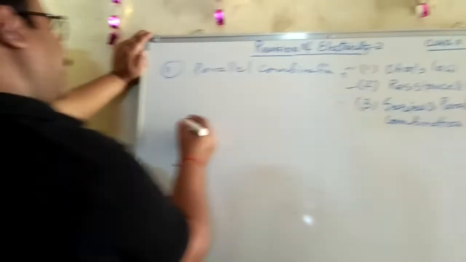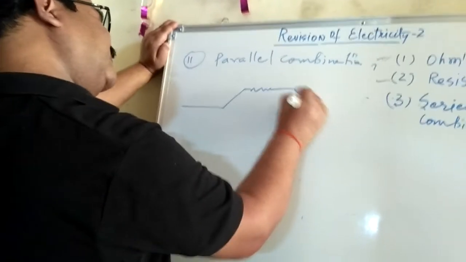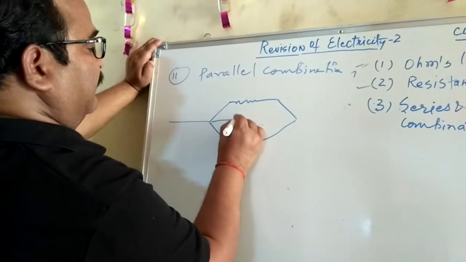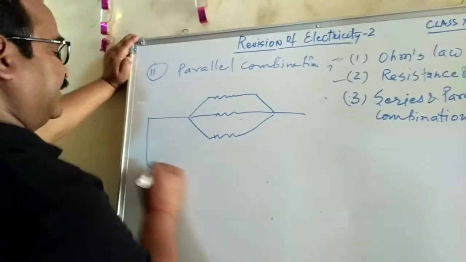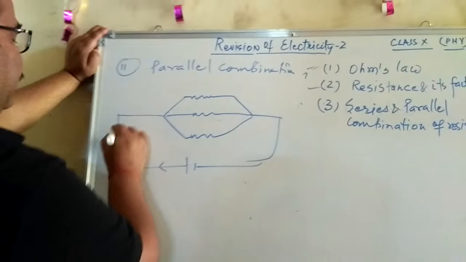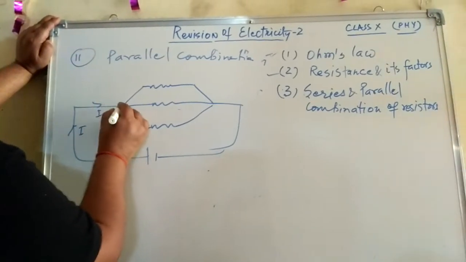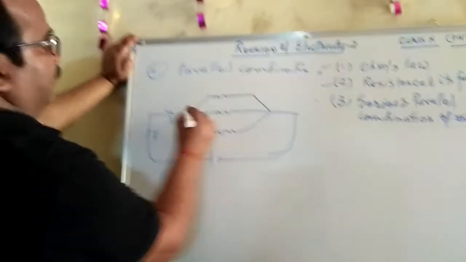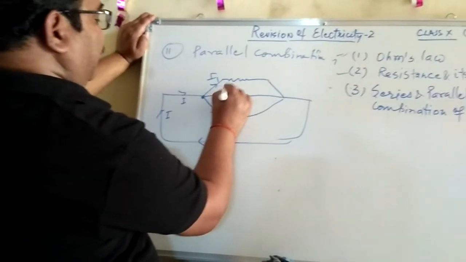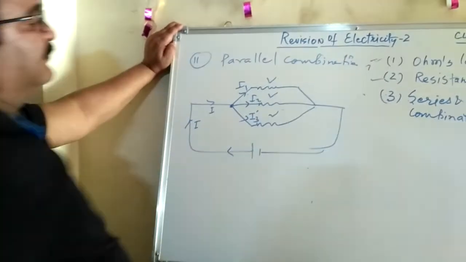In this circuit, the current is flowing through it, and here is the current I. When it reaches that point, it is distributed into I1, I2 and I3, but the potential is the same here.